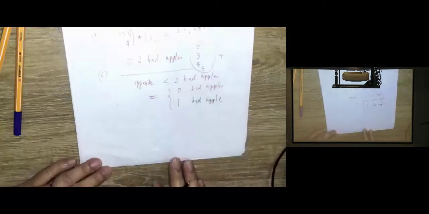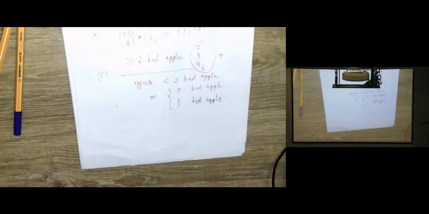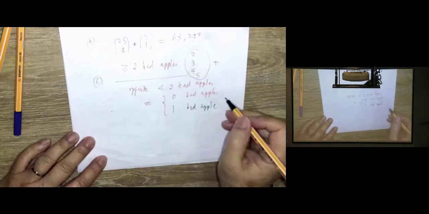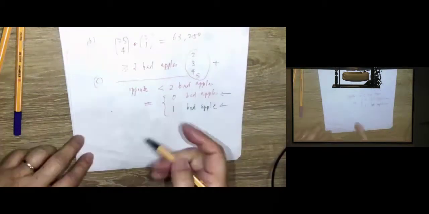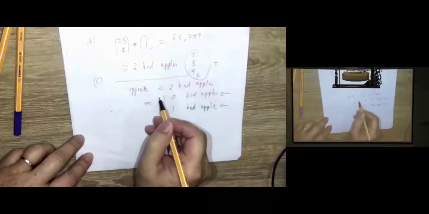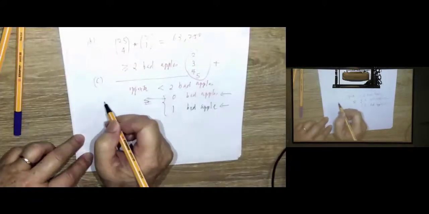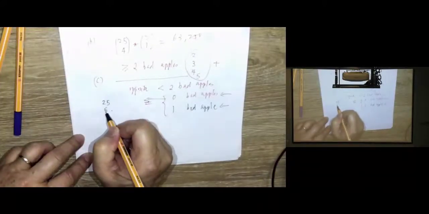It's bad handwriting for sure. Okay, so this is easier because you have fewer cases to calculate. So if you are looking for no bad apple, that means all of them have to be chosen from this basket, 25. Or you can think of it as 5 choose 0, which is one way.